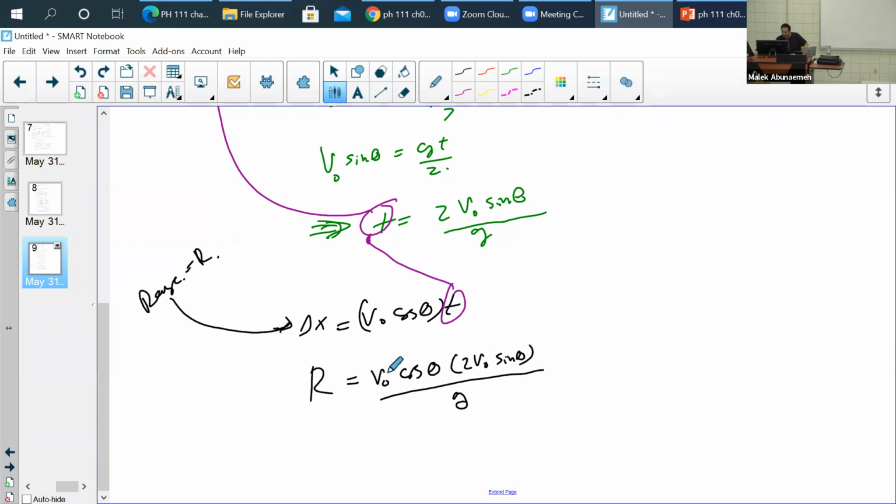So what happens? We get 2 v naught squared sine theta cosine theta divided by g, the gravity.